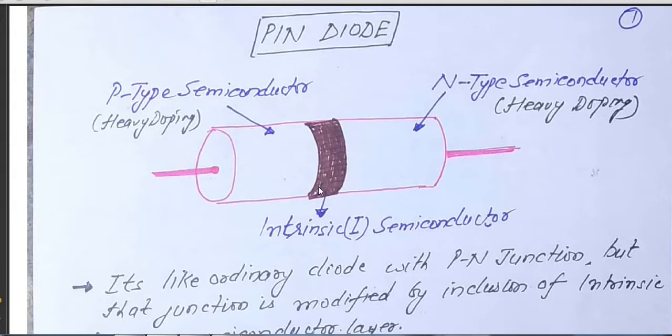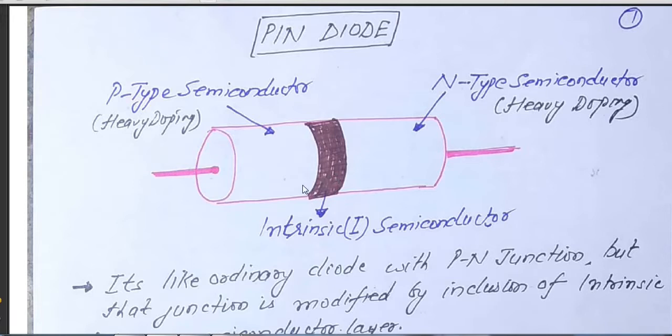Here intrinsic means pure semiconductor without any doping. Usually we use silicon. The intrinsic layer creates a certain degree of separation between the P and N-type material at the PN junction, while still allowing the junction to exist.